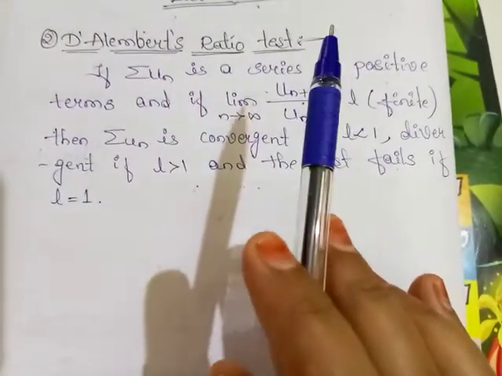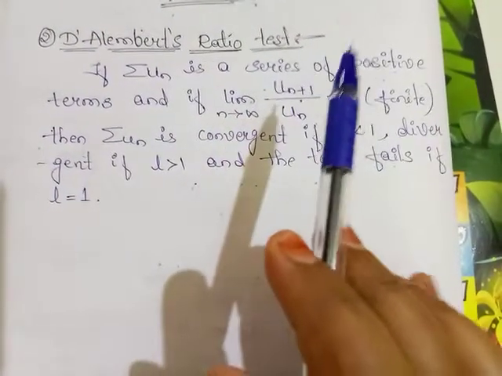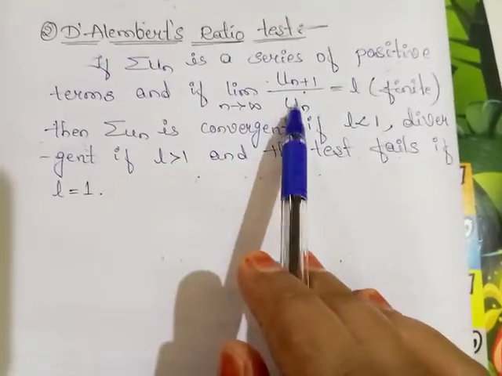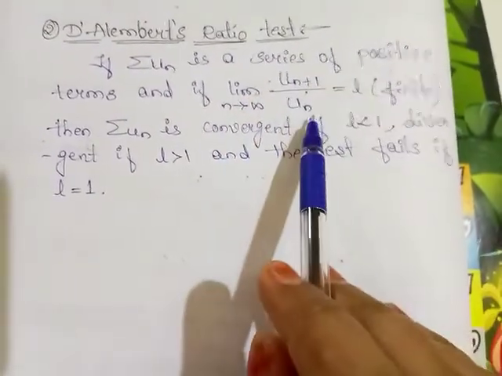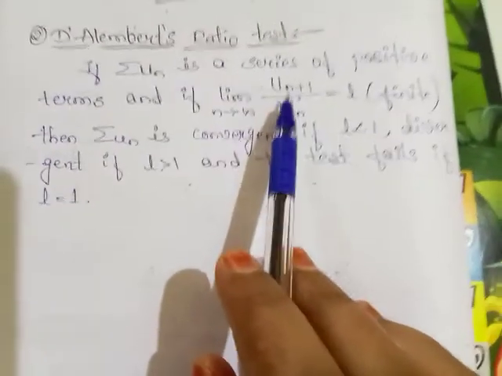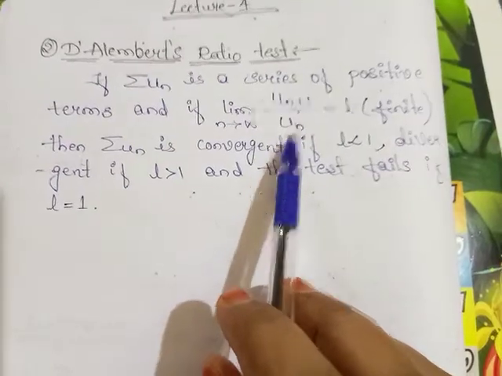In Cauchy's root test, to find the nature of the series, we have to find limit n tends to infinity un raised to 1 by n. Here in D'Alembert's ratio test, we have to find limit n tends to infinity un plus 1 divided by un.